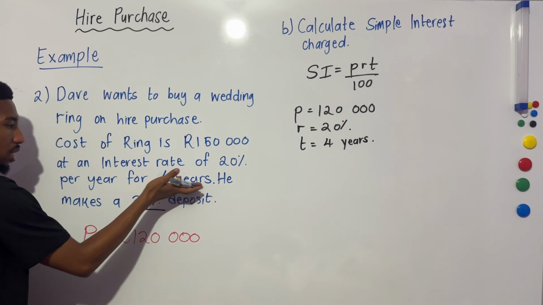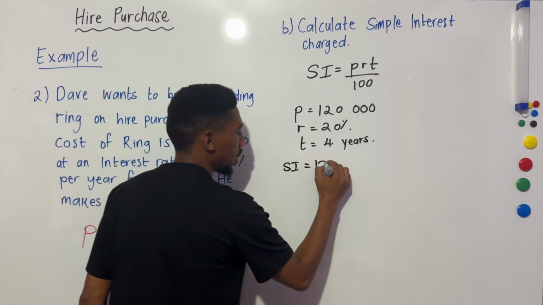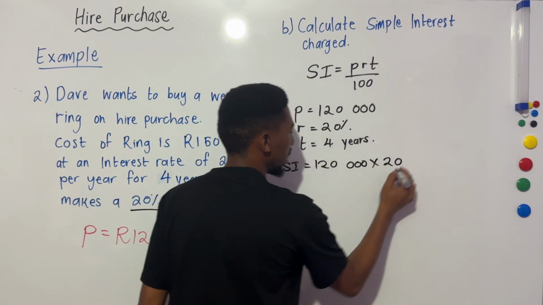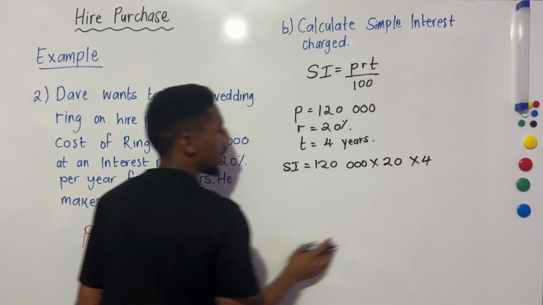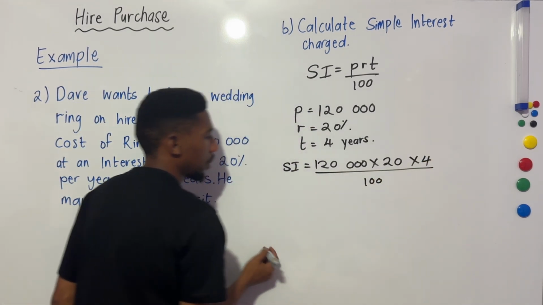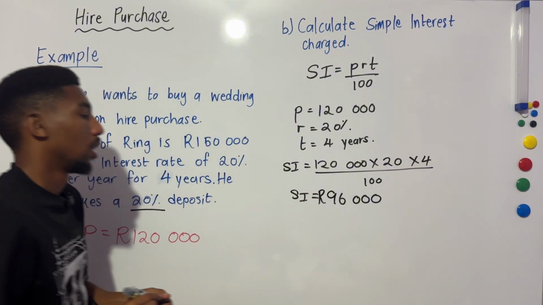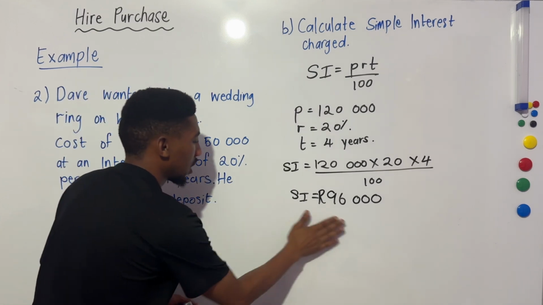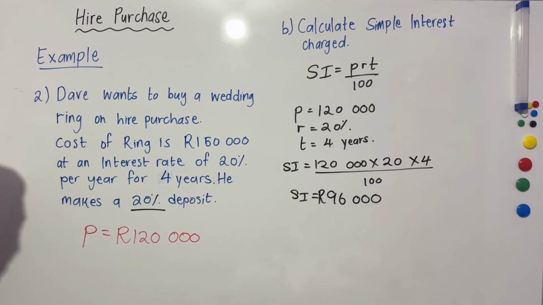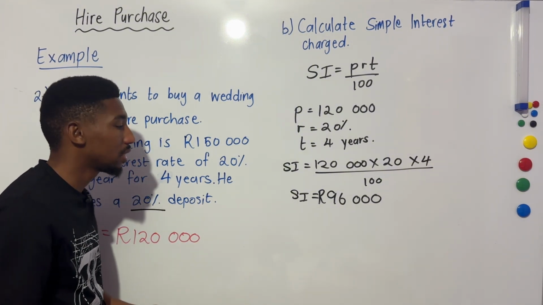SI equals 120,000 multiplied by 20, multiplied by 4, and we divide all of that by 100, and we get the simple interest of 96,000. An extra amount of 96,000 he has to pay back now. That is the simple interest.